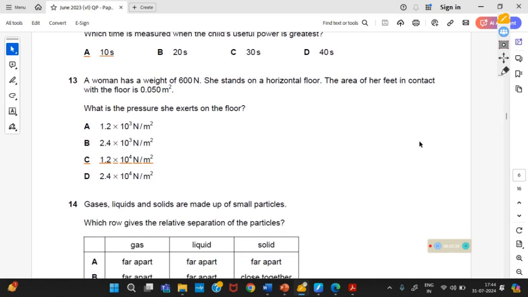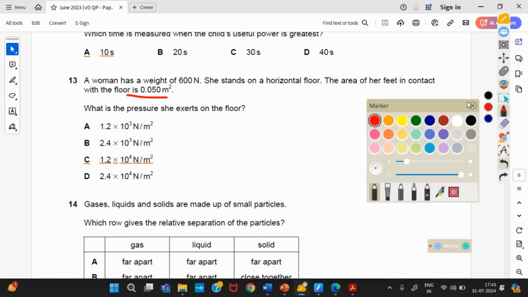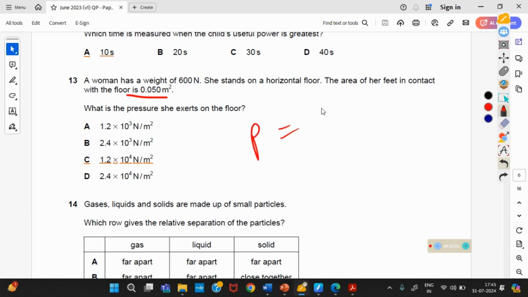A woman has a weight of 600 Newton. She stands on a horizontal floor. The area of her feet in contact with the floor is this much. What is the pressure she exerts on the floor? Now, the formula for pressure is force per unit area. Force means the weight exerted by the woman.